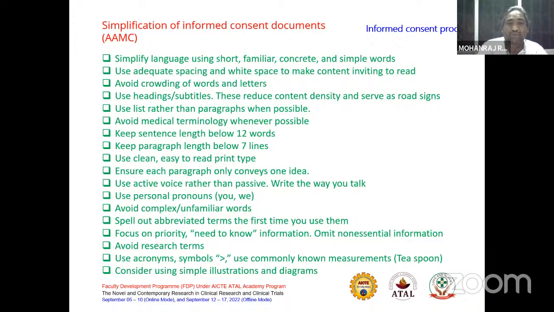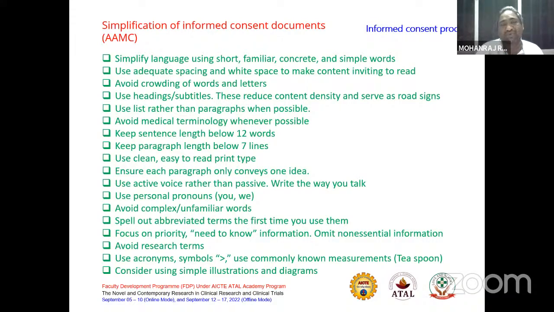Ensure each paragraph conveys only one idea. The main thing is not to write paragraphs. If you write a paragraph, make it 7 lines, each line 12 words, and convey only one piece of information. Whenever you write, ensure you are using active voice, not passive voice. Write the way you talk.